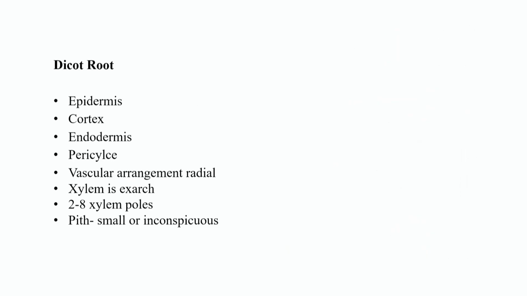Now coming to the structure of a dicot root, it is more homogeneous. It will definitely have epidermis, or you can say epiblema, or piliferous layer, or rhizodermis. This is an extension, so root hairs will be there. Then it will be more homogeneous as compared to the stem, where you will find hypodermis, sclerenchyma and collenchyma. In roots you will generally find all parenchymatous layers in the cortex.